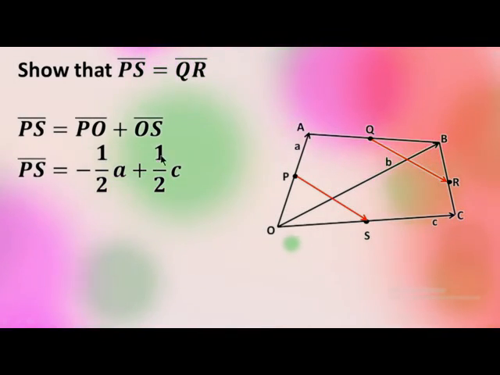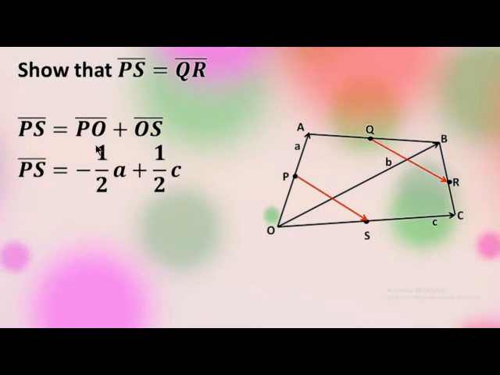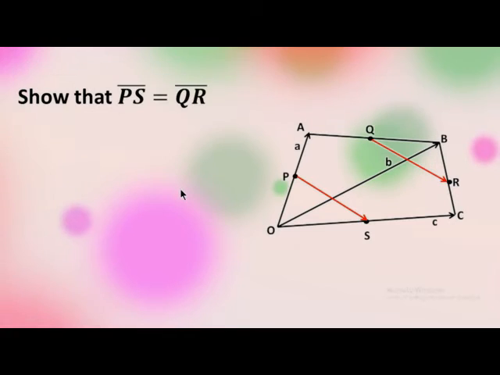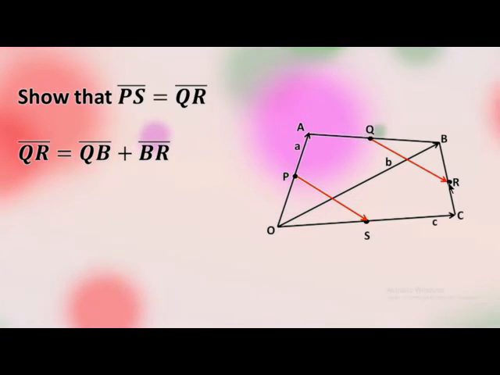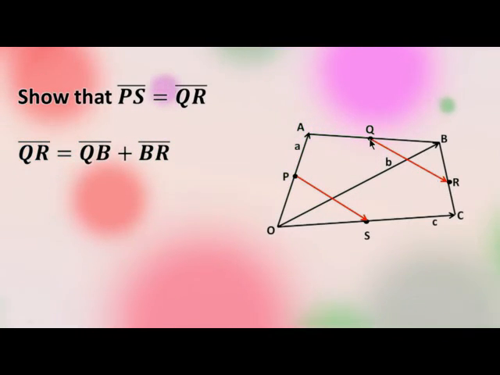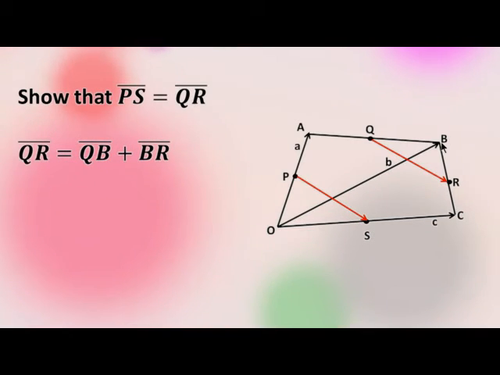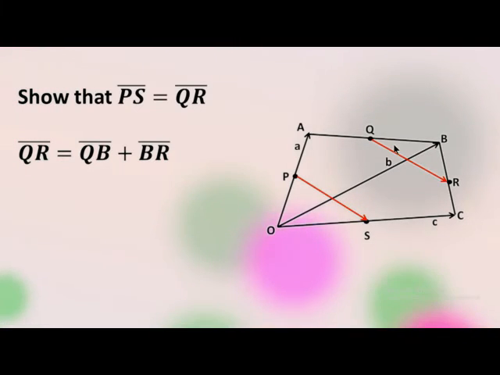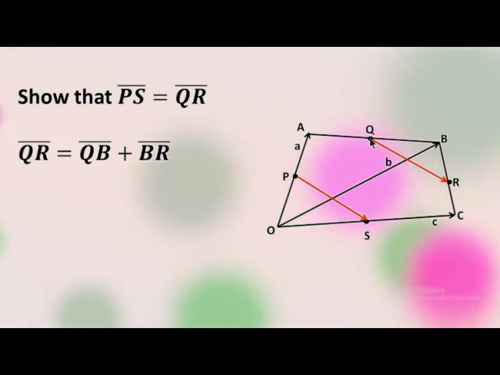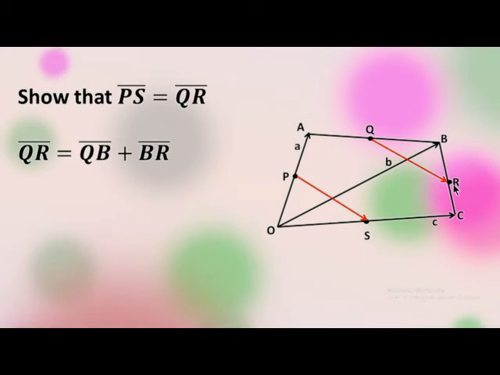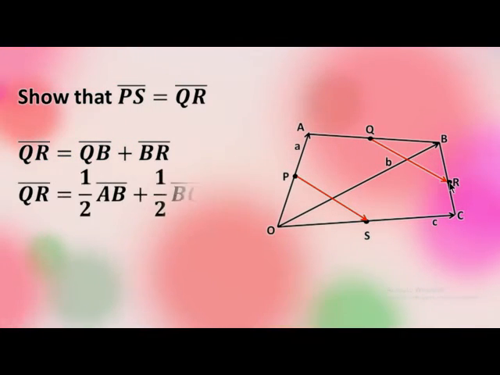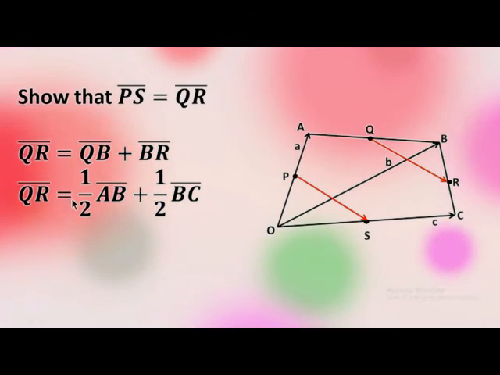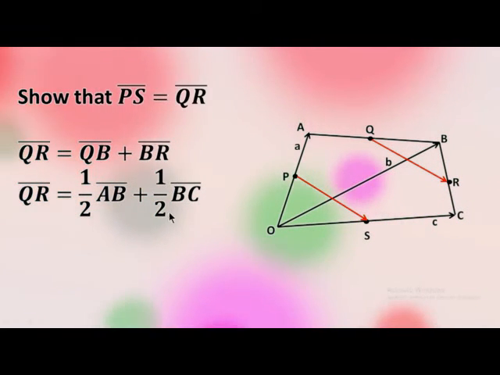Now we're going to prove that QR is also equal to this vector. See QR as a vector resultant of QB plus BR. QB equals half of AB because Q is a midpoint, and BR is half of BC because R is a midpoint. So QR equals half AB plus half BC.